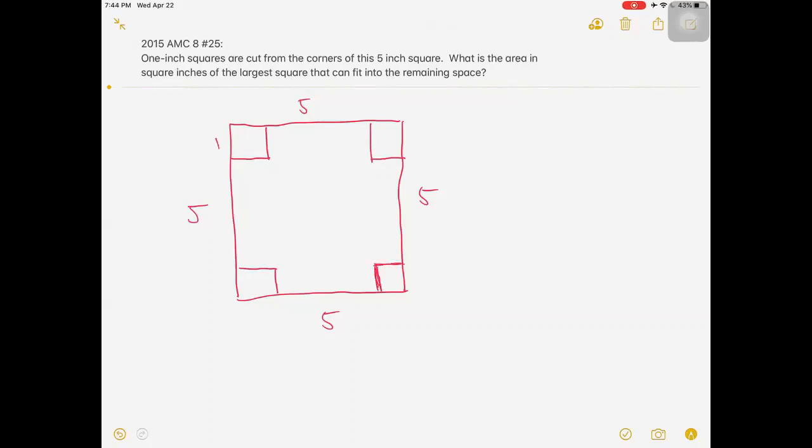So these are all 1 by 1s. So basically the largest square that can fit in the space is going to look something like this.